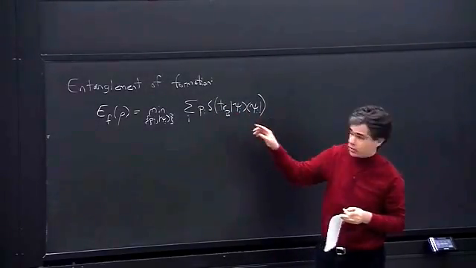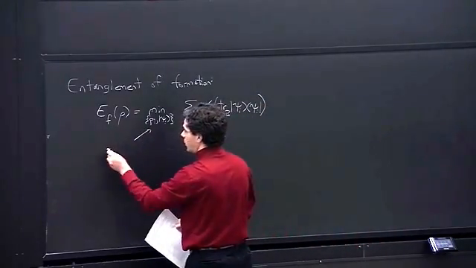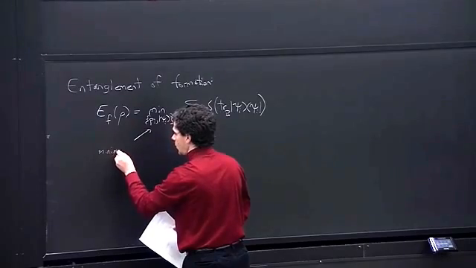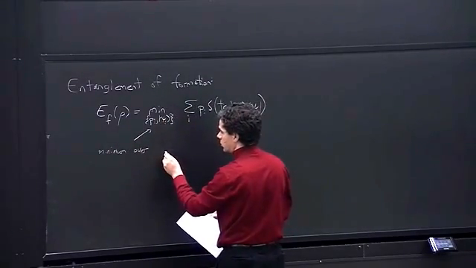So it has this entanglement entropy inside it. And what I'm doing is I am minimizing over decompositions of the state rho.